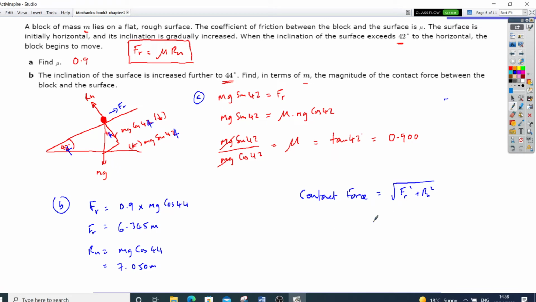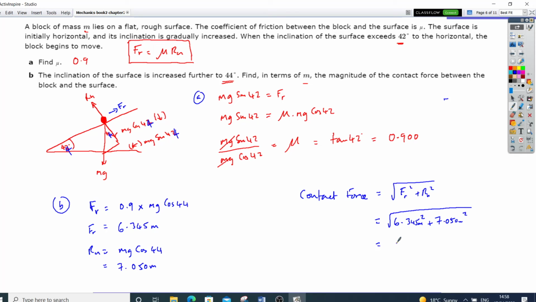So if I want the magnitude of the contact force, I'll get 7.050 m squared plus 6.345 m squared, all square rooted.